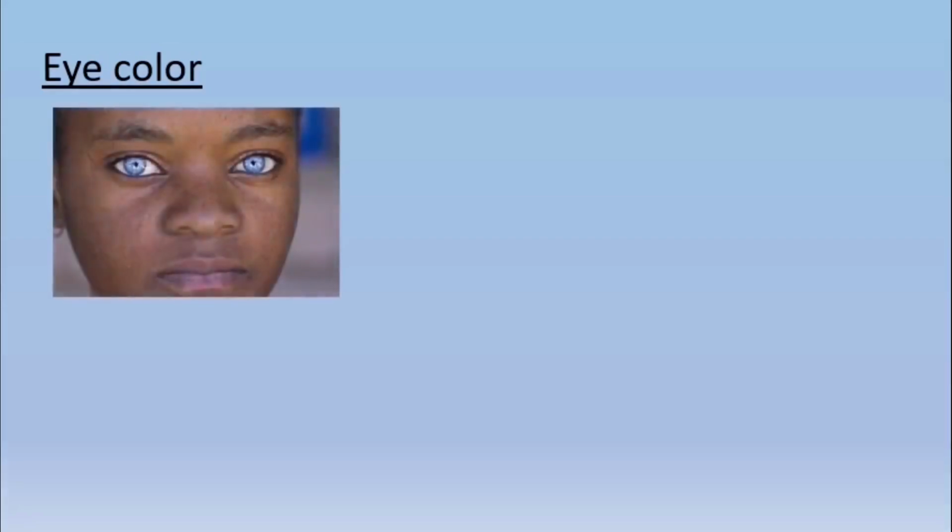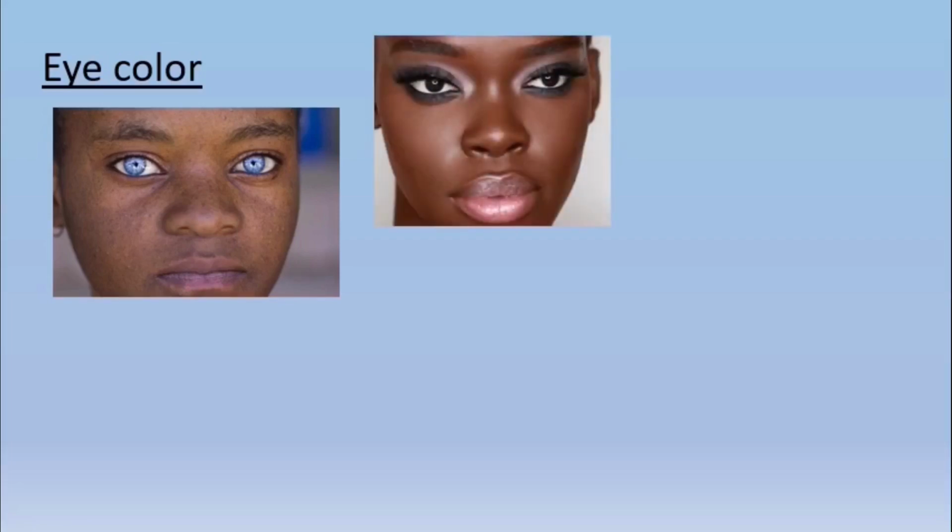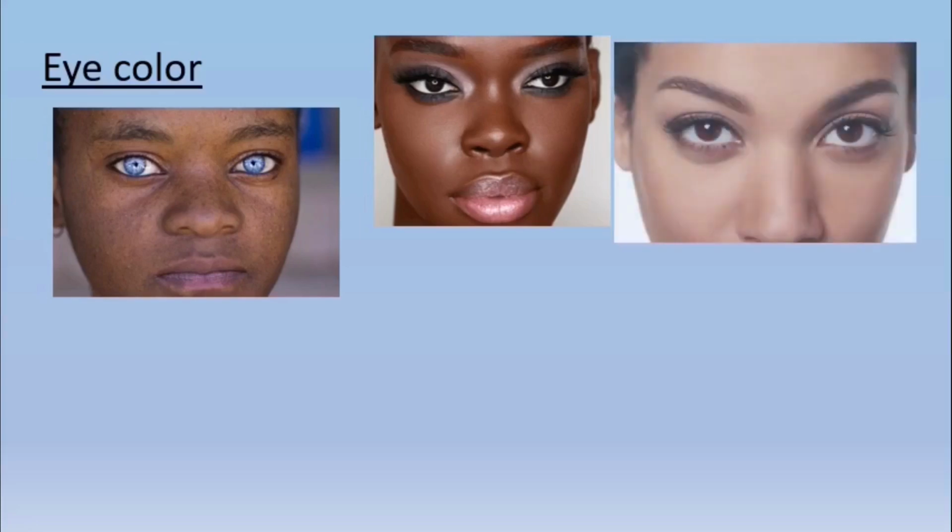Let's look at color. Blue eyes. She has bright blue eyes. Black eyes. Her eyes are black. Brown eyes. Her eyes are brown. She has brown eyes.